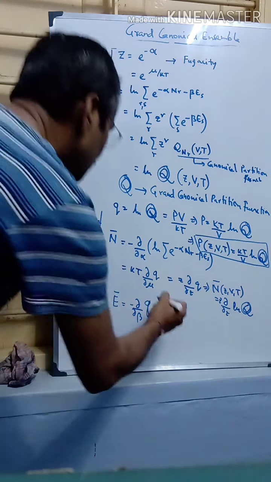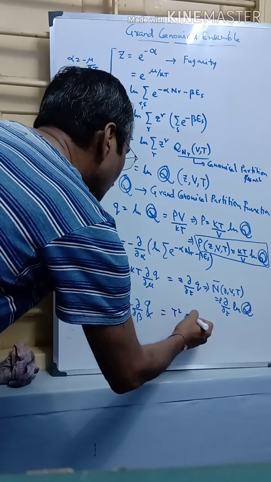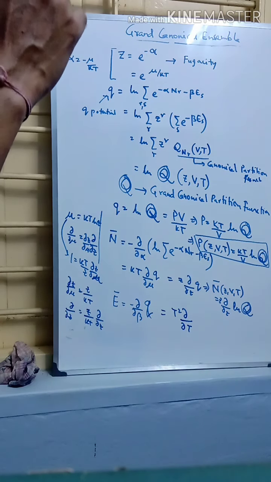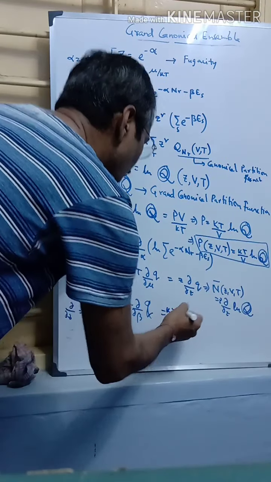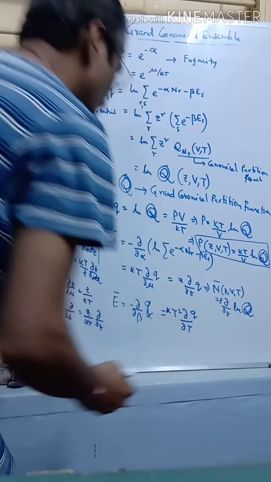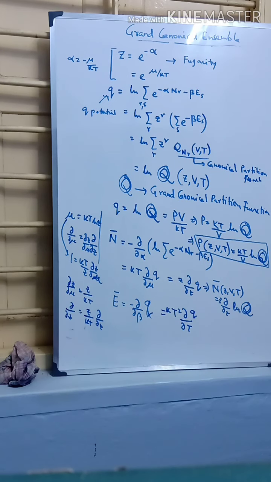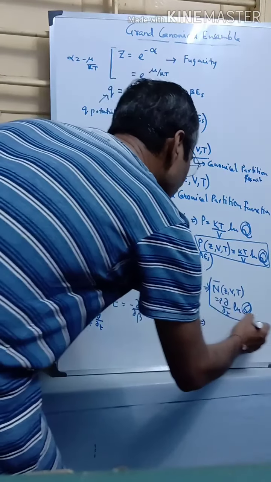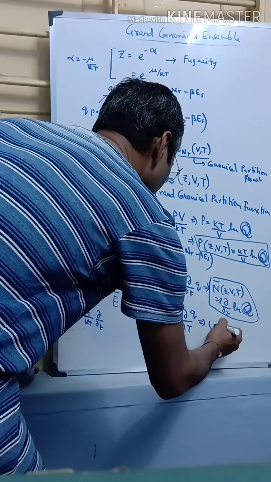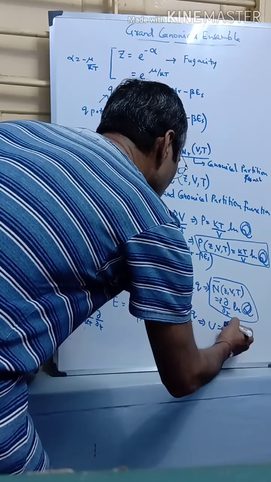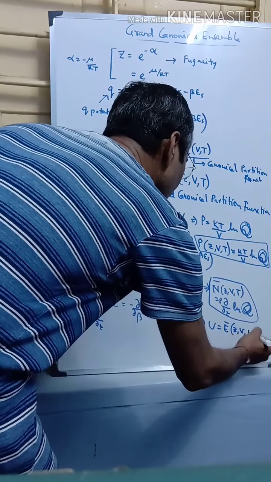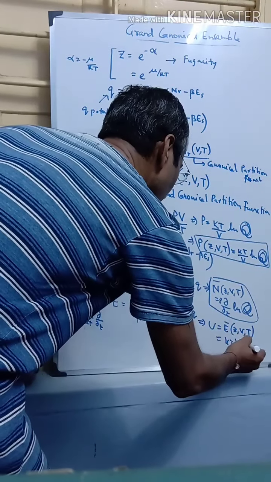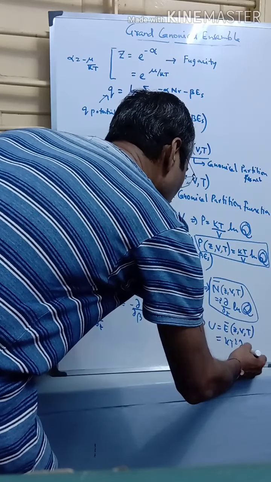This can be written as kT square del q del T. So the average energy, the third prescription, you can write U, which is equal to E bar as a function of z, V, T in the grand canonical scheme, to be equal to kT square del q del T.